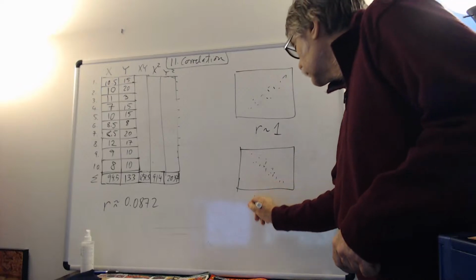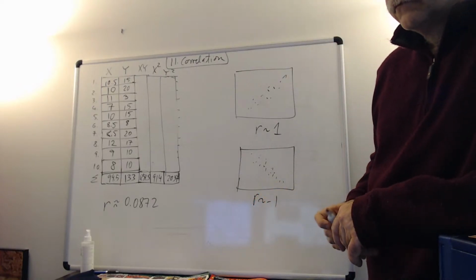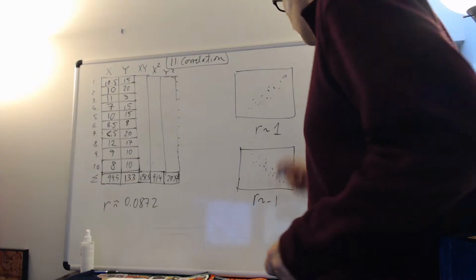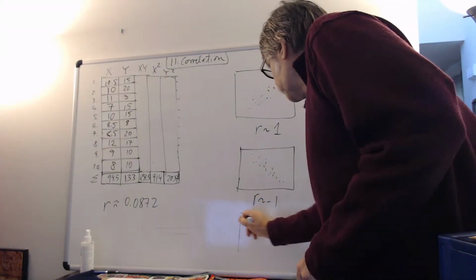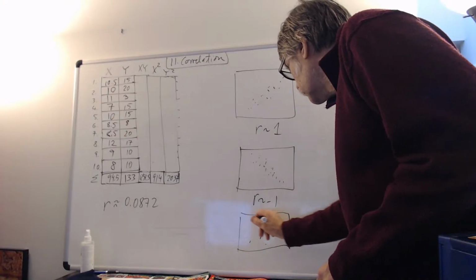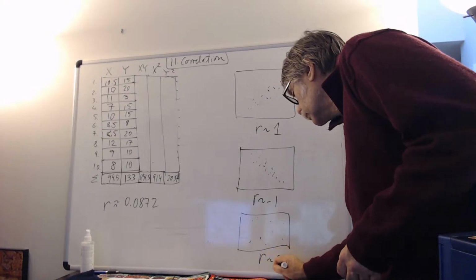Then the R is going to be close to -1. And when there is no correlation, so if your graph looks like this, then the R is going to be close to 0.